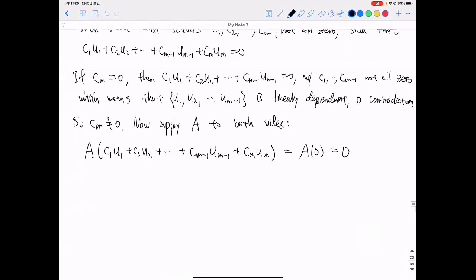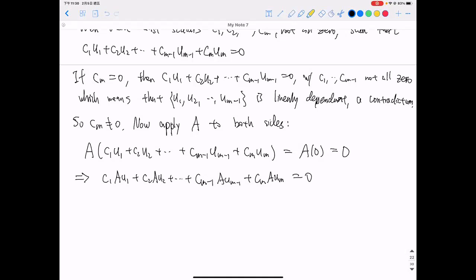Now the left-hand side is C1AU1, C2AU2, up to C(m-1)AU(m-1), CmAUm.